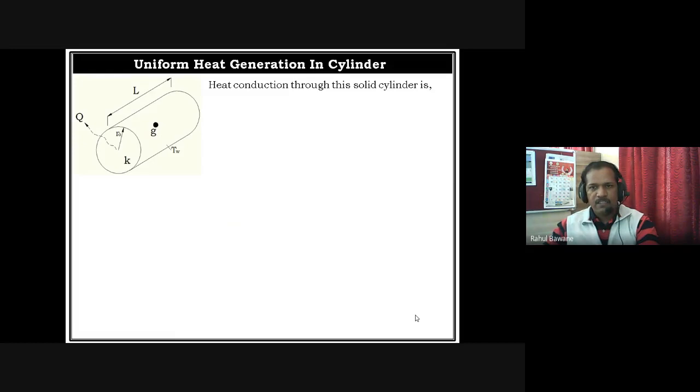Now heat conduction through this solid cylinder. Many times it is asked to find the heat conduction rate. We know that Fourier's equation is Q equals minus kA dT by dr. Normally we use dT by dx, but here we are replacing x by r.